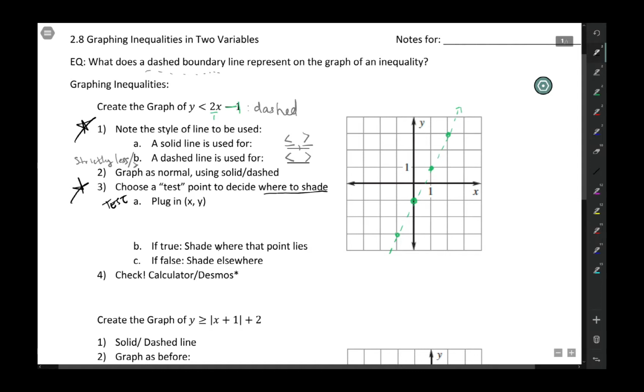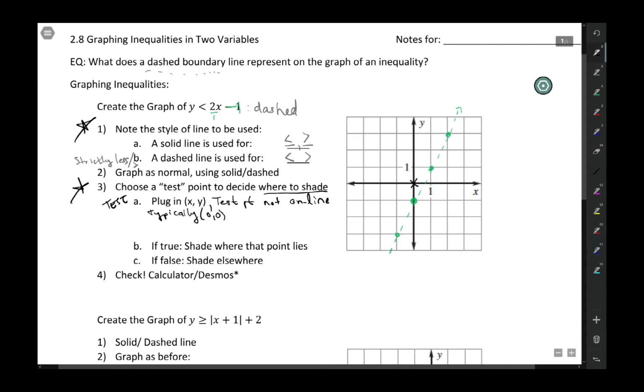So you plug in x, y, any test point not on the graph, not on the line. Typically 0, 0, unless your graph goes through it, is the easiest one to test out.